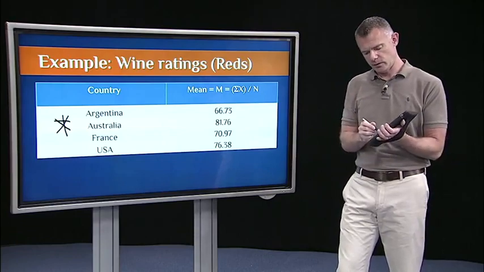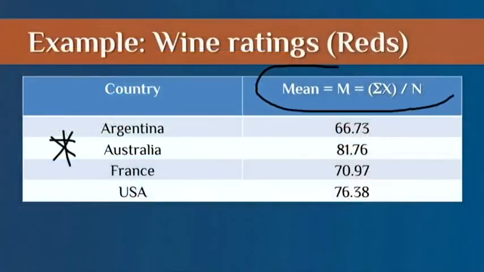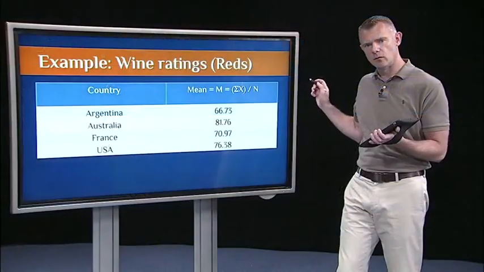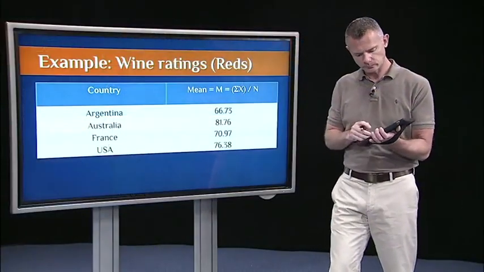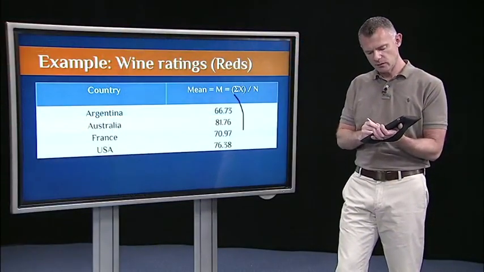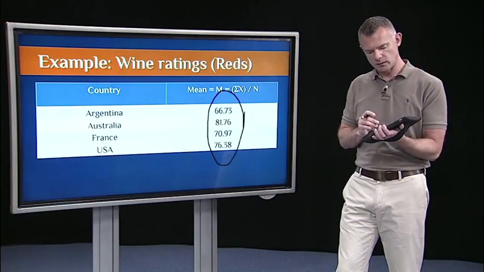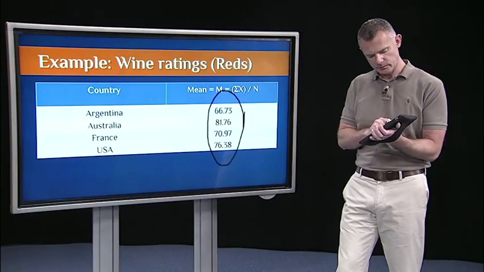So that's the formula right here. The formula for the mean or average is just the sum of all the scores divided by the number of scores. Okay, so just sum of x over n is the mean. And these are the means for the red wines across those 4 countries.